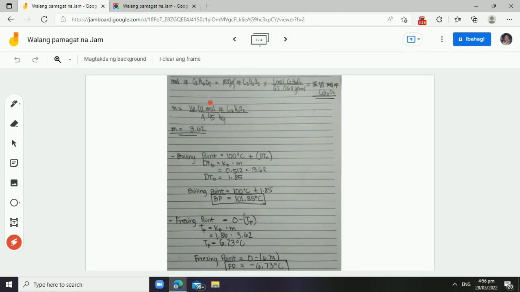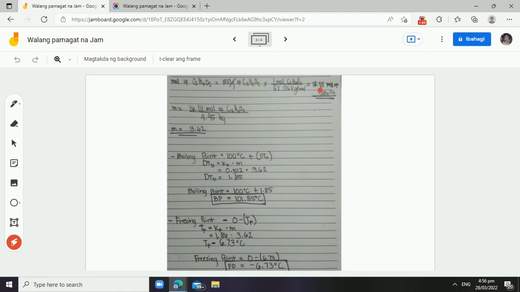First, convert muna natin yung 1 kg of ethylene glycol sa grams, para ma-cancel. So, we have 1,000 grams of ethylene glycol divided by its molar mass, which is 62.068 gram per mole. We are going to get 16.111 moles of ethylene glycol.